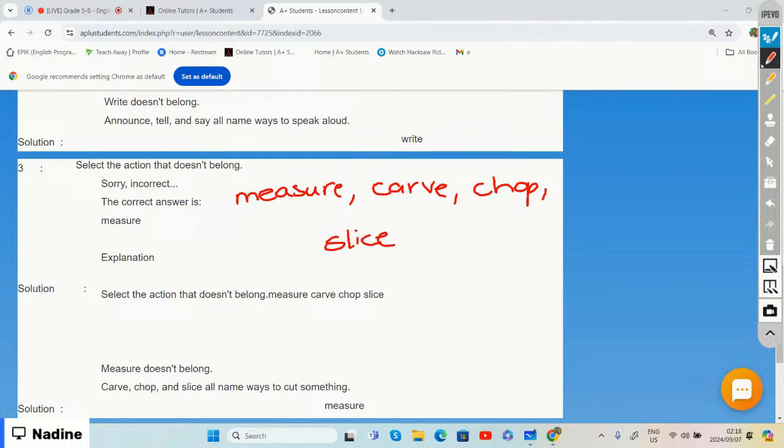We need to now identify the word that does not belong. Yes, well done. We're writing on paper. Nowadays, you even have a pen to be writing on your iPad, right? So now here we have four words: measure, carve, chop, and slice. We need to identify the word that doesn't belong within that group of words that is related to one another.